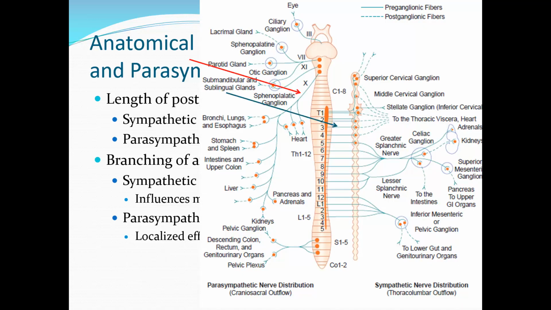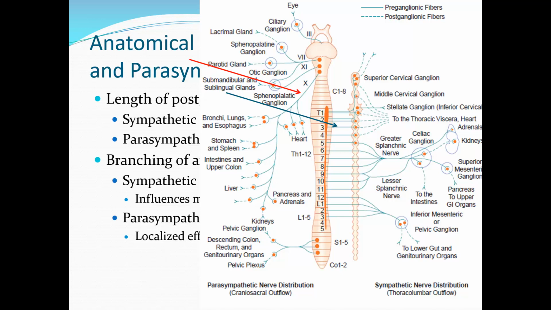Again, looking at this graphically, we're comparing sympathetic in blue to parasympathetic in red, if you look at the arrows. The first thing you notice is the preganglionic neurons for parasympathetic, in red, are very long, while sympathetics are short.